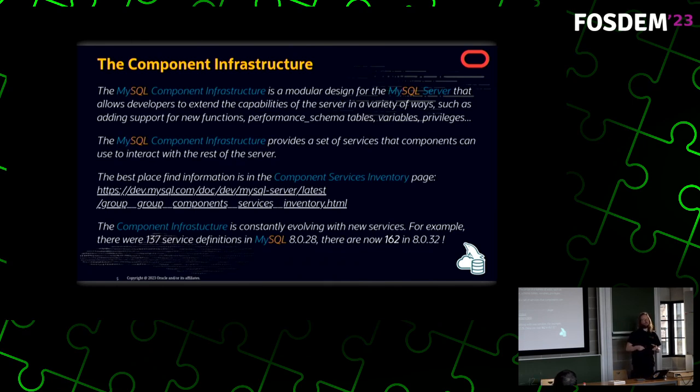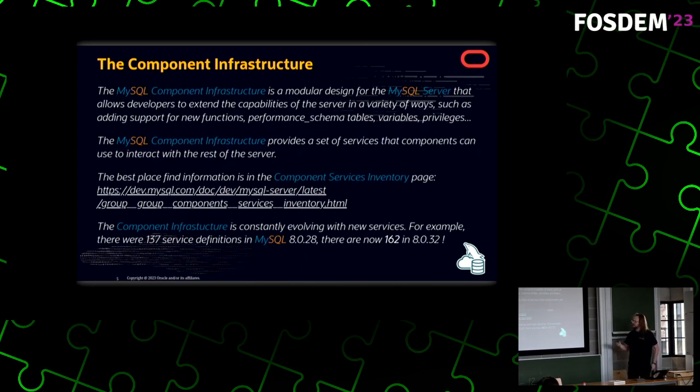And so what does it mean? It means that the server will provide you services that you can use to extend MySQL. And there is a component service inventory page, you don't see it very well here. The URL is here. Yes, you will have the slides online, so you can read them and copy the URL.